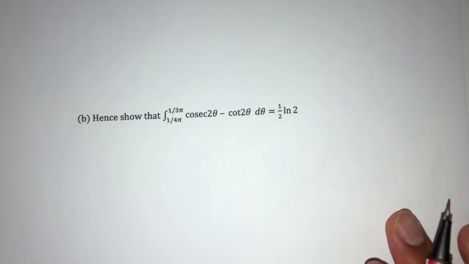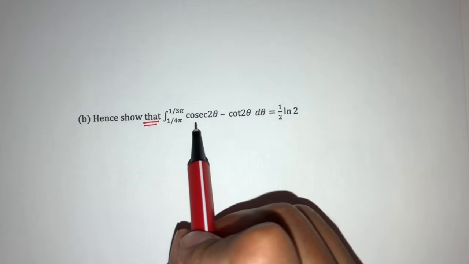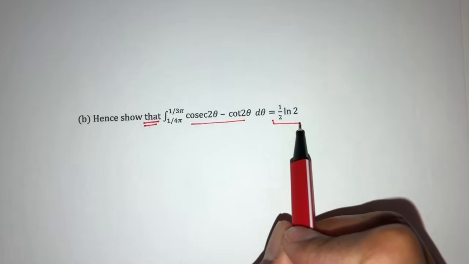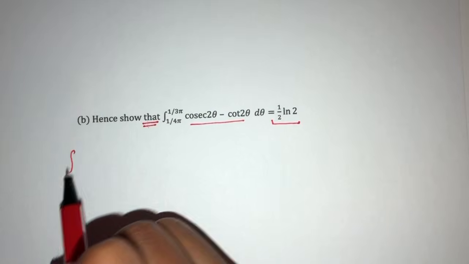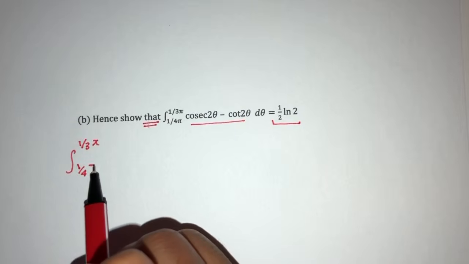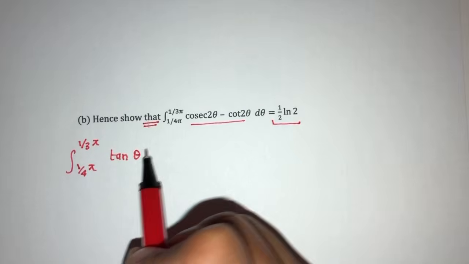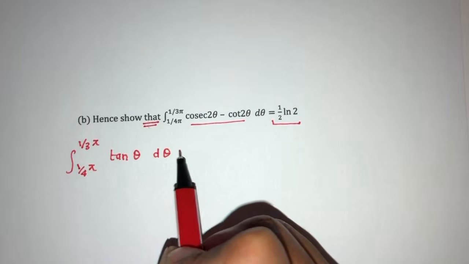Now part 2, hence we have to show that integration of this will give you this exactly. So from part 1 we realized that this value over here will give you tan theta. Let's see what happens.